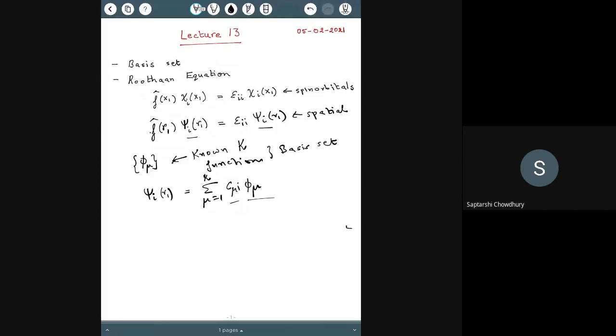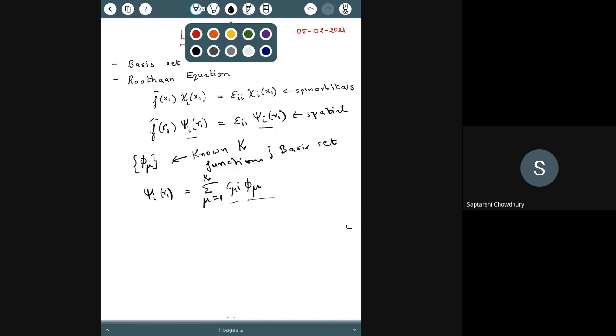Just so that you have some idea, the phi mu's are normally the atomic orbitals, and the psi i's are the molecular orbitals. That is the best guess or the most intuitive way of doing molecular computations. In principle, they could have been anything. They could have been a set of Gaussian functions, they could have been polynomials, they could have been anything.